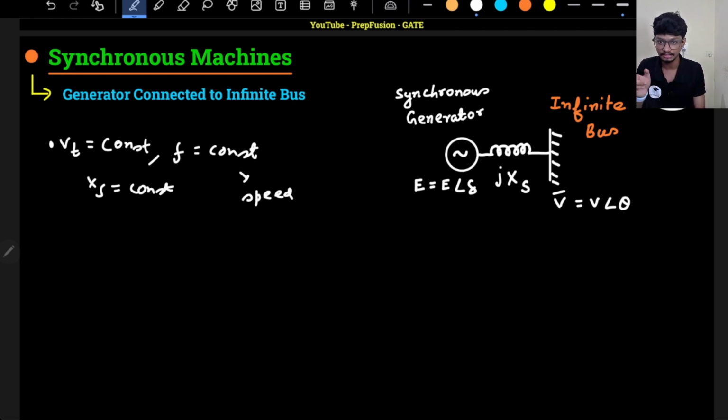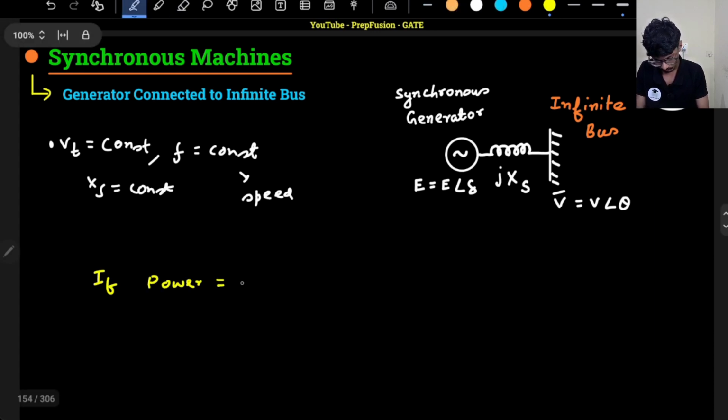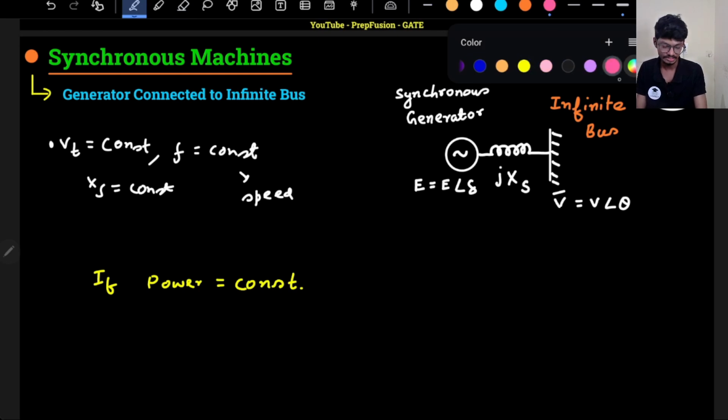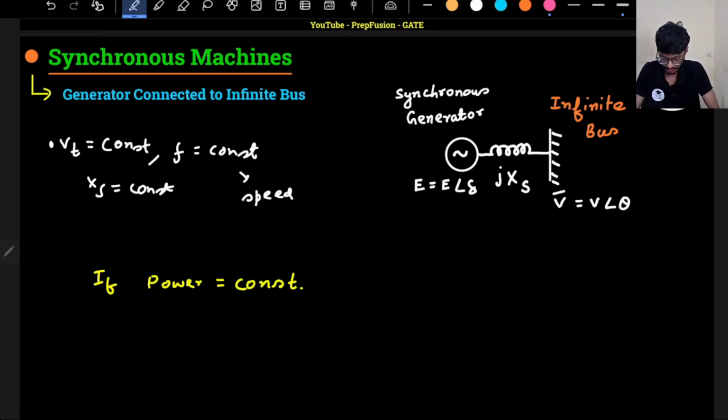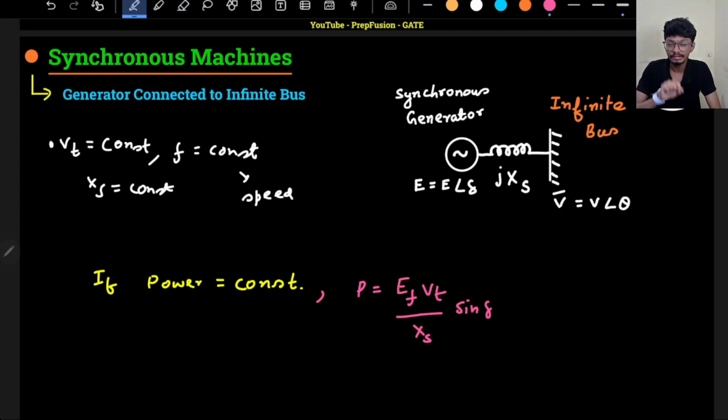Another approximation we will make: now all these are constant, and if power is also constant, what is my power expression? Power is Ef Vt by Xs sine delta. Now one more thing I want to mention: when will the power be maximum?